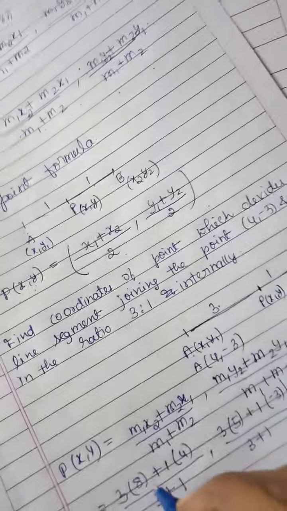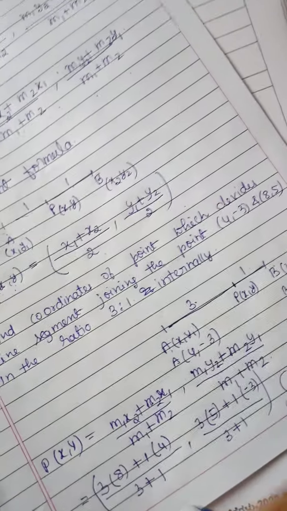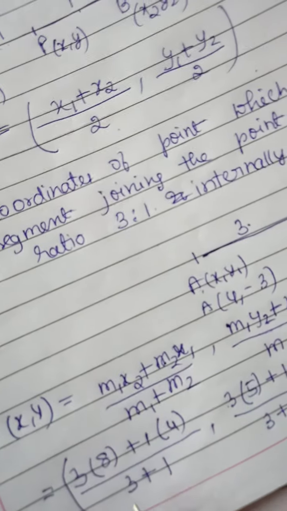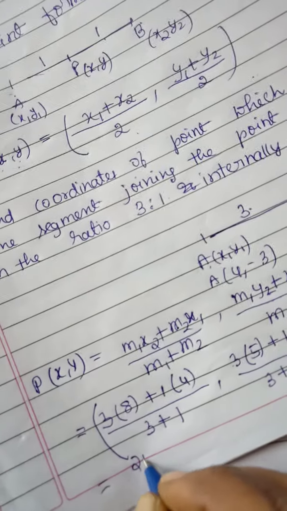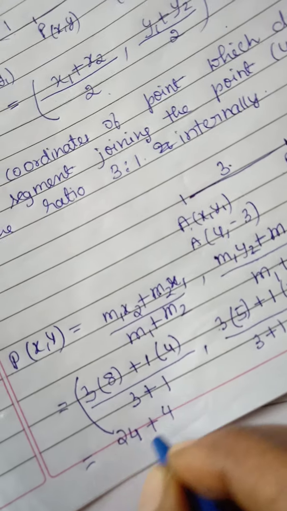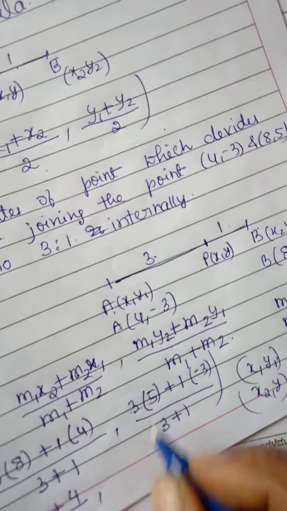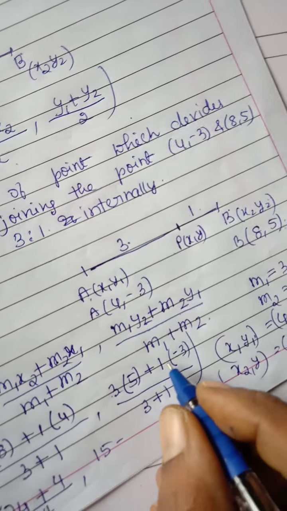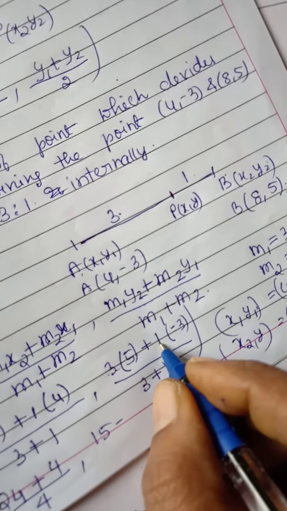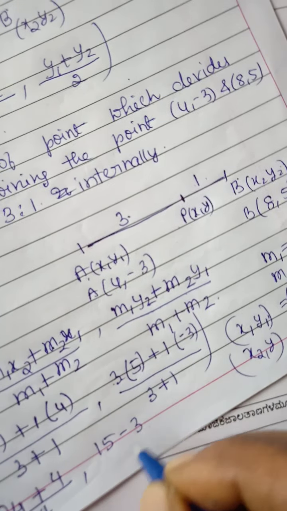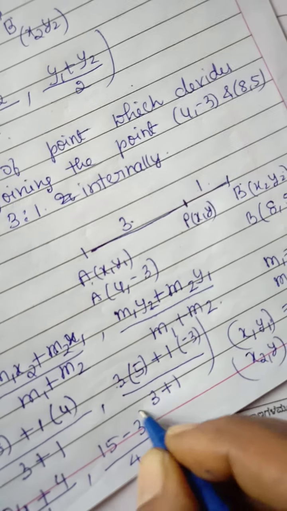So we can get the x and y coordinates like this. See here, 3 into 8 is 24, plus 4 ones are 4, divided by 4, and also 3 fives are 15, minus 3 into 1, that is -3, divided by 4.